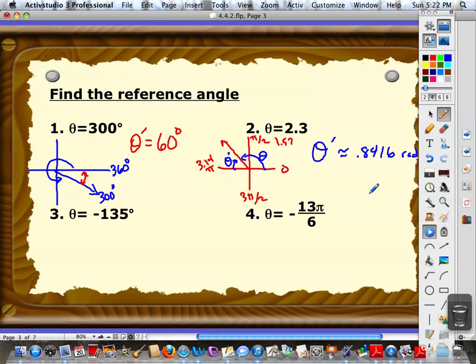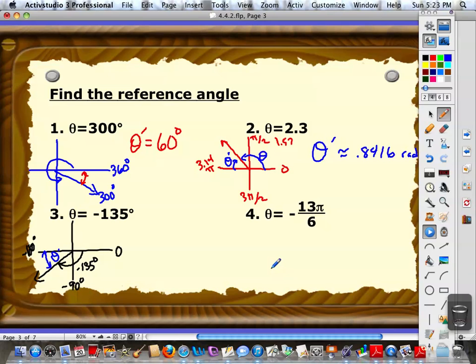Negative 135 degrees. So I have to think about what quadrant that ends up in. I'm going negatives now, so negative 90, negative 180. Well, negative 135 is going to be somewhere in between. So there's my negative 135. My reference angle is going to be over here somewhere. What is the difference between negative 135 and negative 180?